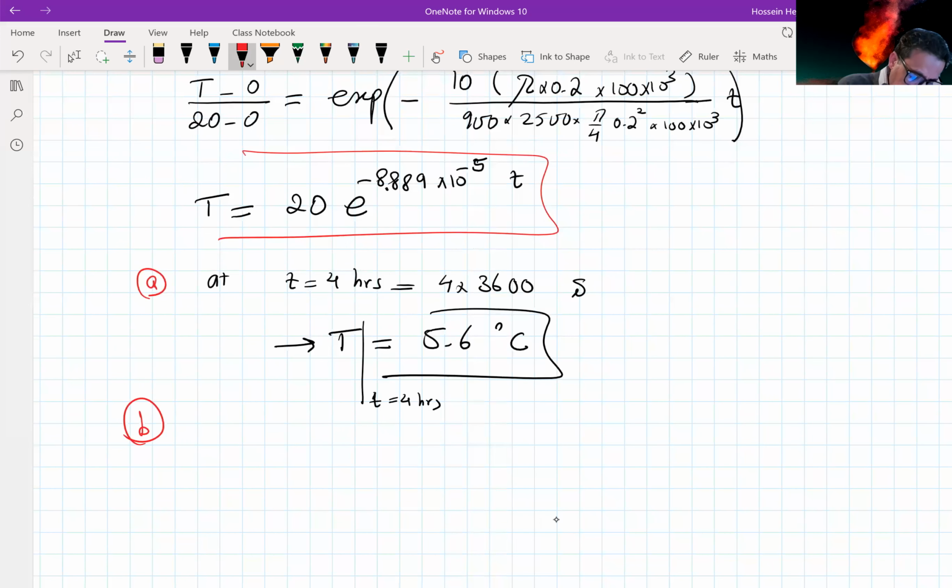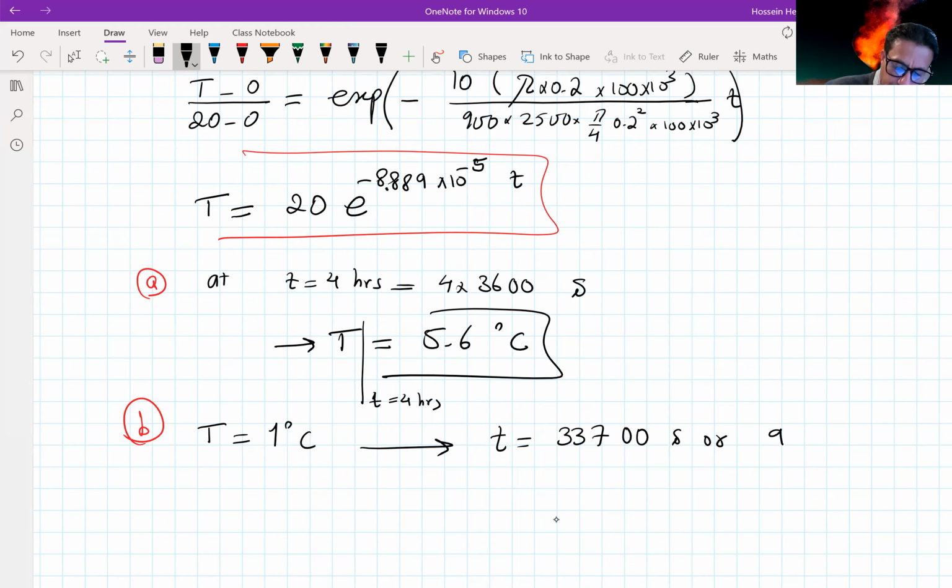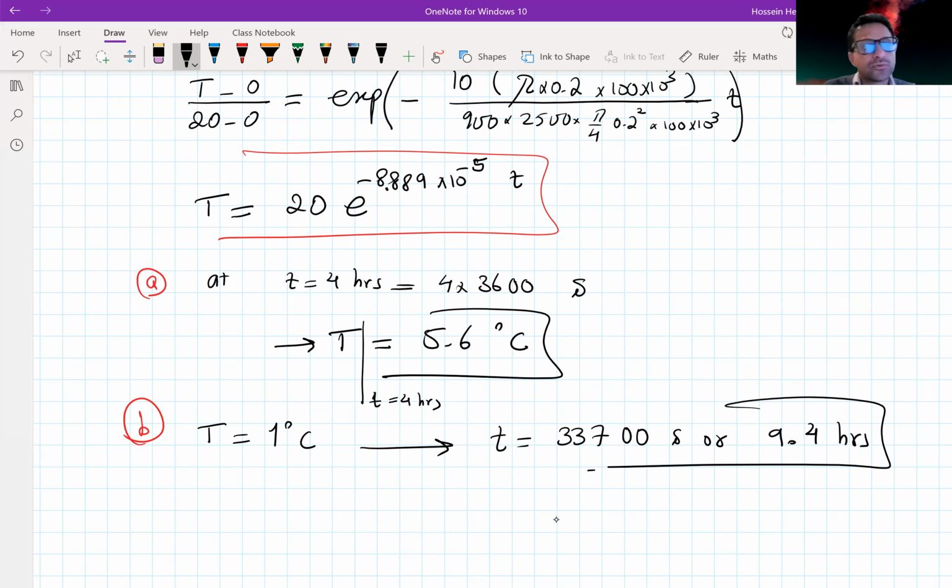For part B, we put T equal to 1 degree C in the above equation, and t is going to be 33,700 seconds or 9.4 hours. So it takes 9.4 hours for this pipeline, if it is shut down with no oil flow, to act as a solid and the temperature drops from 20 to 1 degree C.